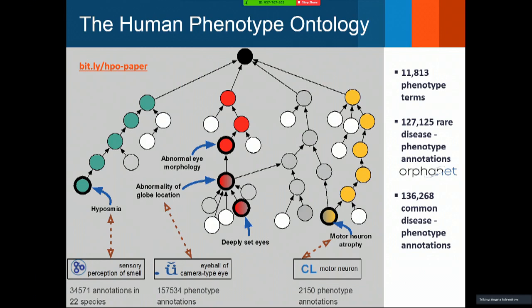The second thing that differentiates the Human Phenotype Ontology from other clinical vocabularies is the extensive set of annotations that we have created to represent known human diseases, whether they have a molecular basis, known or not. So here we have up to about 14,000 terms now, with over 127 rare disease annotations done in collaboration with Orphanet, and 136,000 common disease annotations.